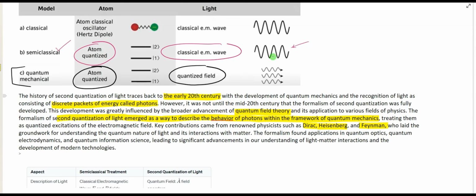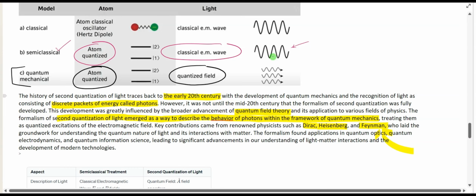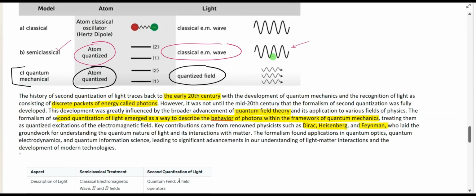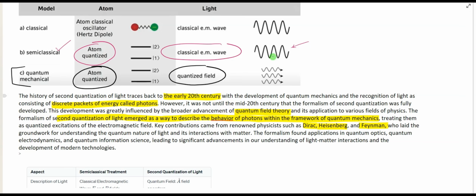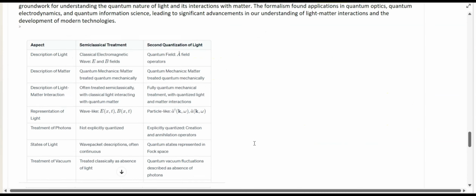In fact, there is a very nice popular science book written by Feynman, which explains quantum electrodynamics, that is the theory developed by second quantization of light, and I highly recommend you check it. They laid the foundation of the quantization of light, and the formalism found its applications in many fields.